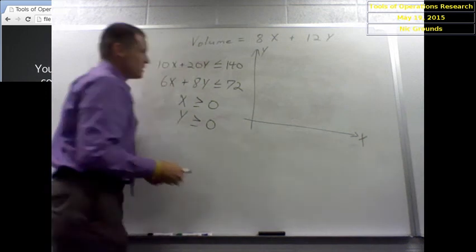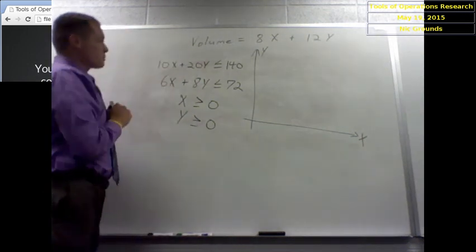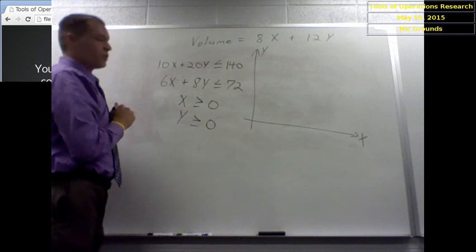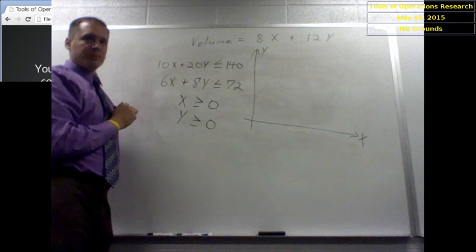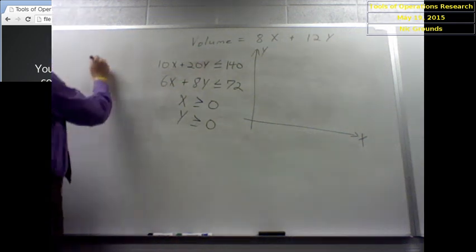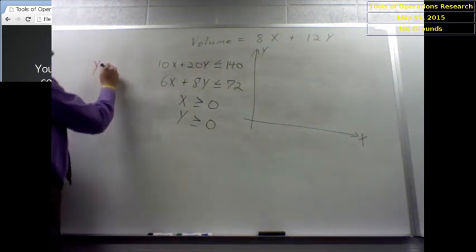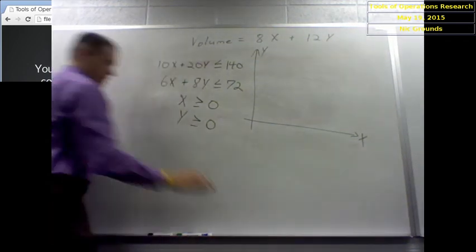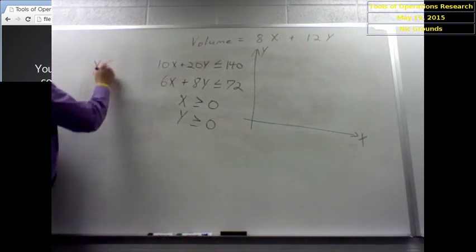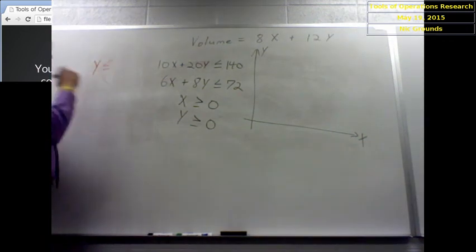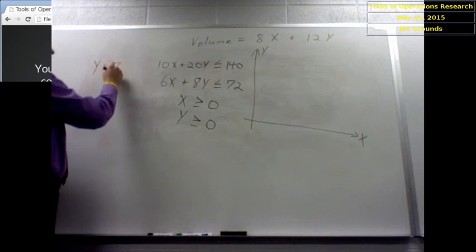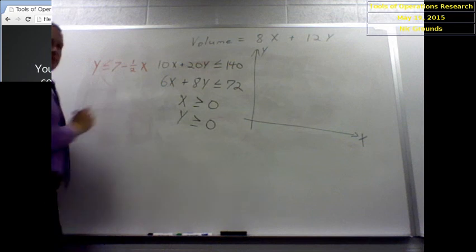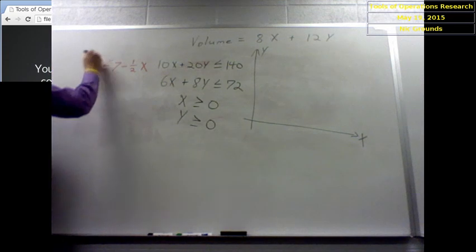All right, easy enough. 10x plus 20y is less than or equal to 140. Okay? So we can rewrite that as y less than or equal to 7 minus 1/2 x. Does that make sense?